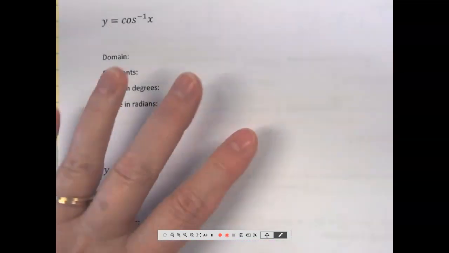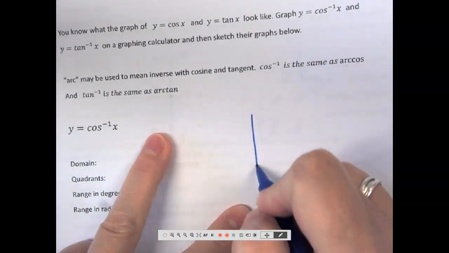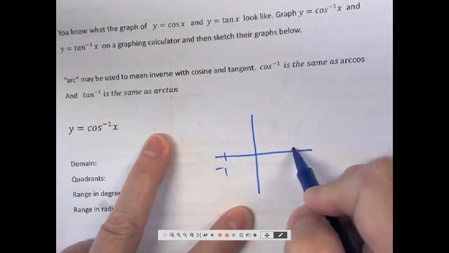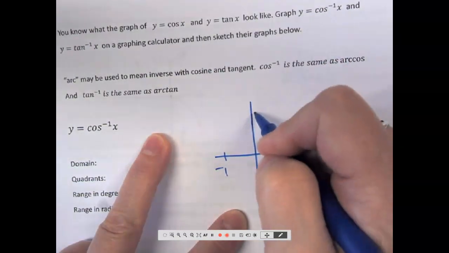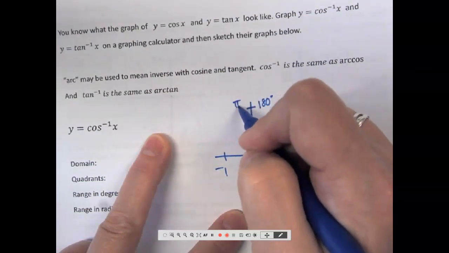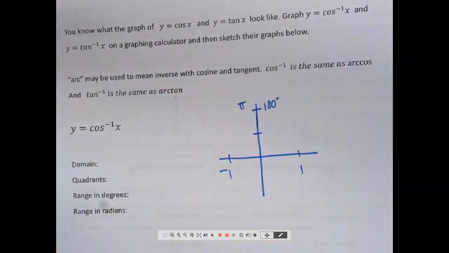So let me give you a little close-up graph here of what we're looking at. We are still just going negative 1 to 1, but we're going 0 to 180 or pi. Right there in the middle is where it's going to cross over.